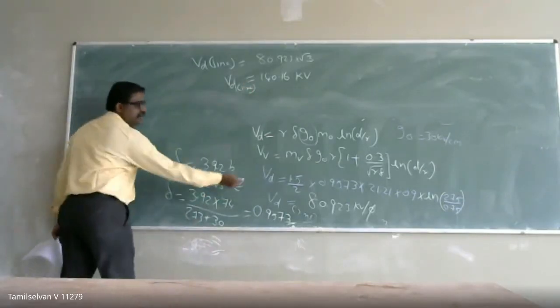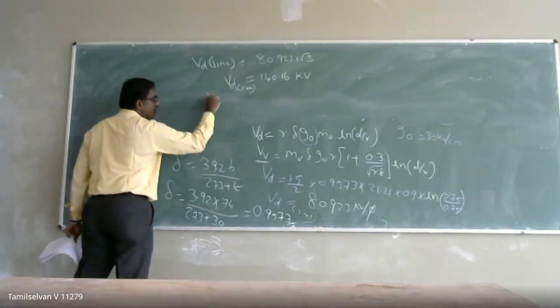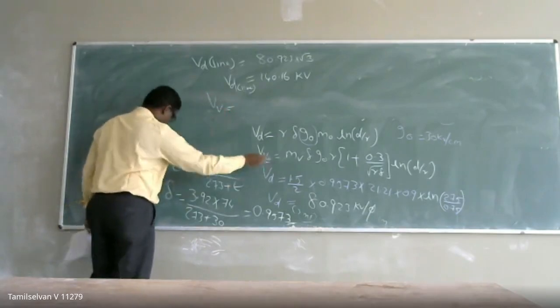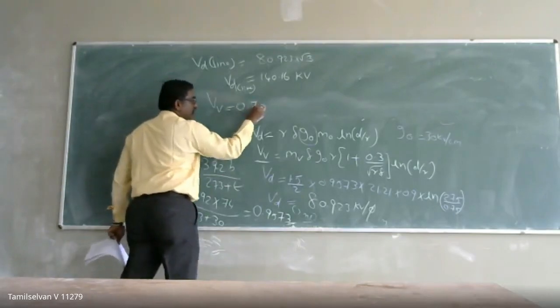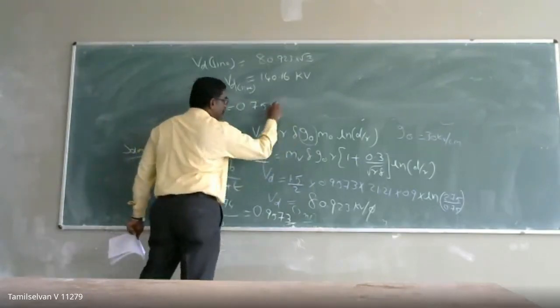Now we have to calculate your visual critical voltage. MV is 0.75. MV is 1.75.